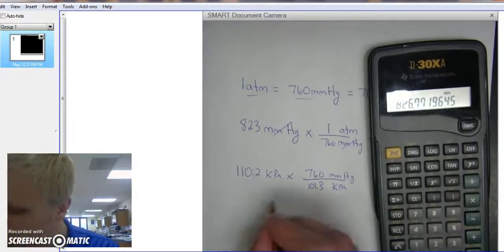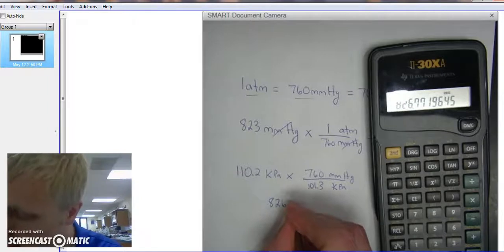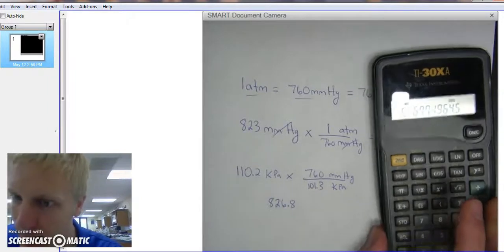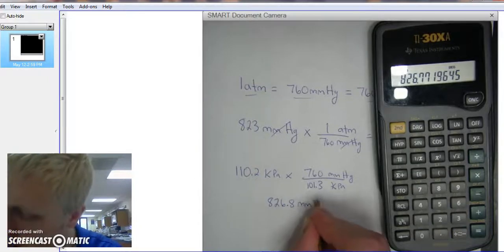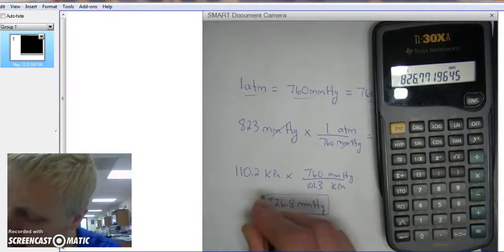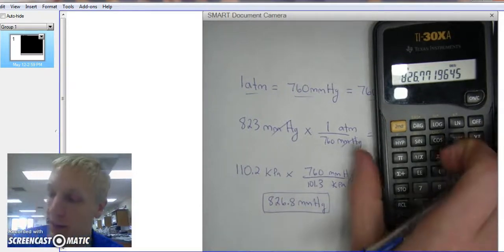Gives us 826. We have 1, 2, 3, 4, 1, 2, 3, so 826.8 millimeters of mercury is equivalent to 110.2 kPa.